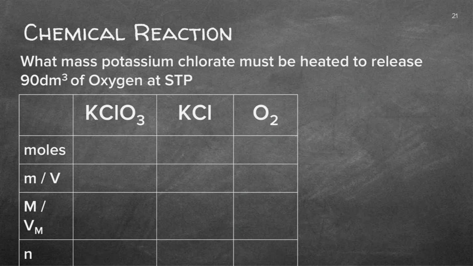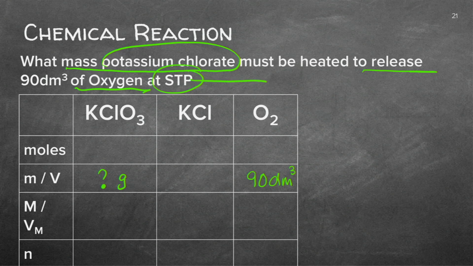In a second question, they asked me what mass of potassium chlorate, the grams, would provide you an oxygen release of 90 cubic decimeters at STP. Now, standard temperature and pressure immediately tells you the molar volume, which is 22.4.